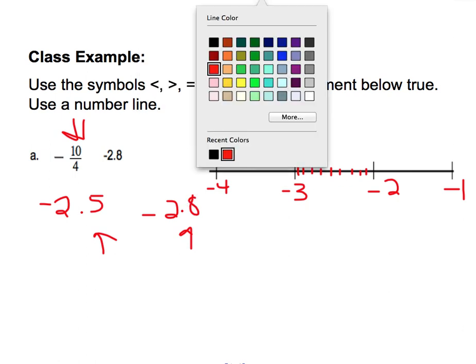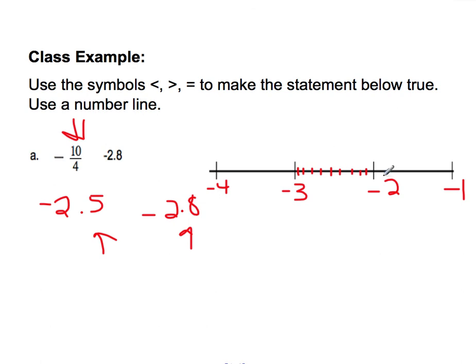I'm just going to change my color. Negative 2.5, I start at negative 2, and then I go another half, and then I label it. And then negative 2.8 is right here. Sorry, I'm going to just do a little arrow here.